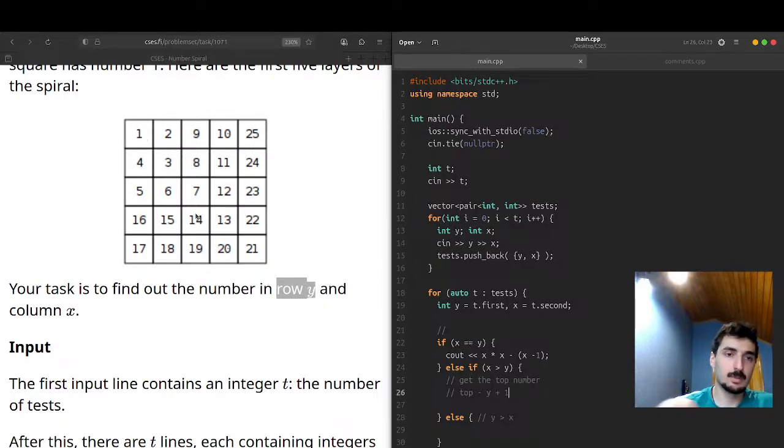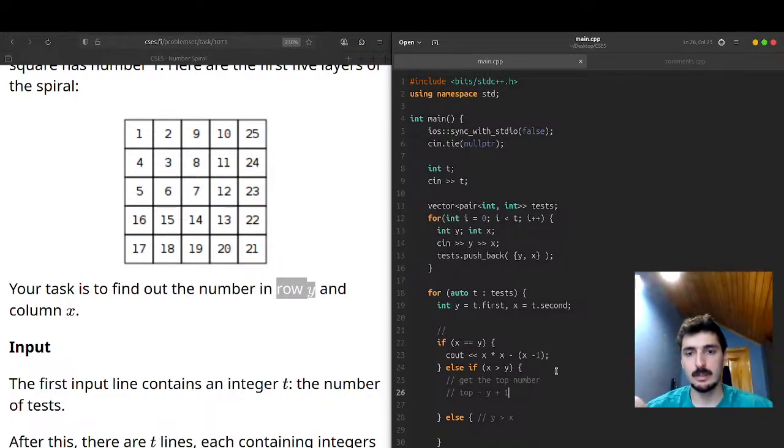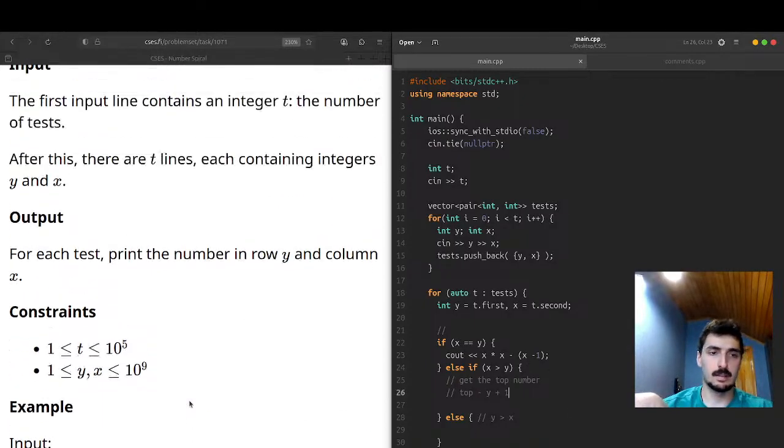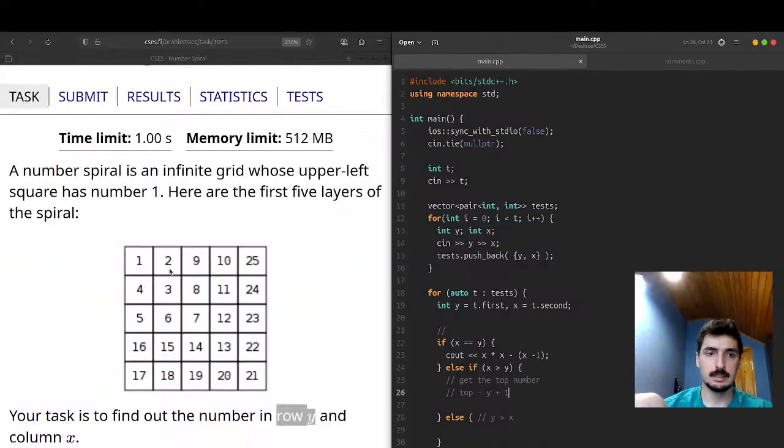And the lower numbers are... I think x just indicates the layer, right? This is a third layer.